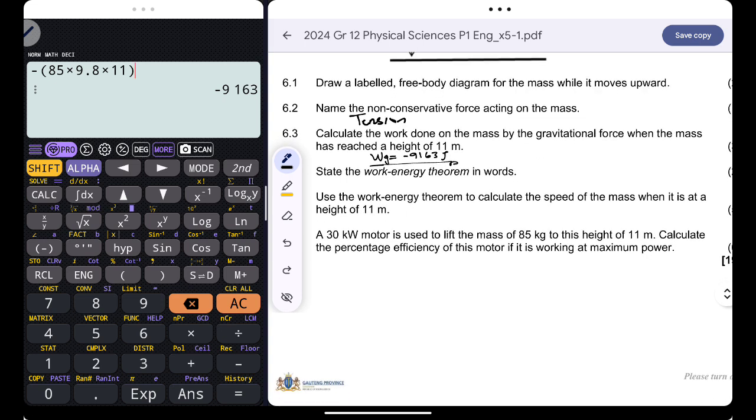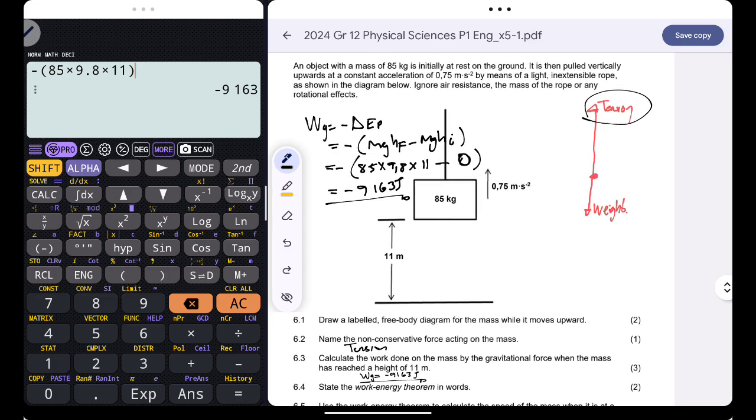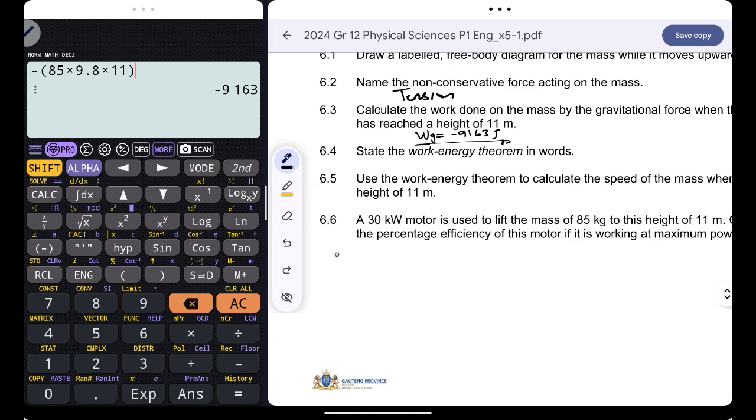Okay, and then we are being asked to use the work energy theorem to calculate the speed of the mass when it is at a height of 11 meters above the ground. Let's write it down.